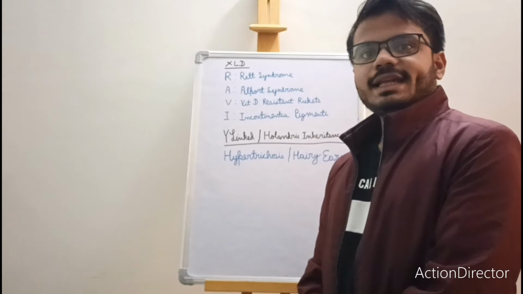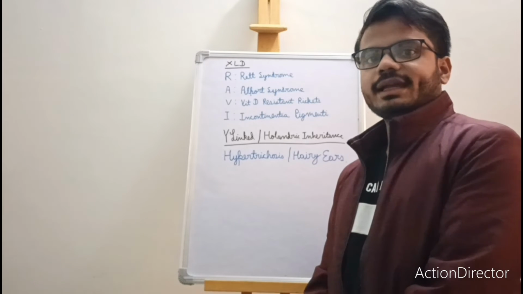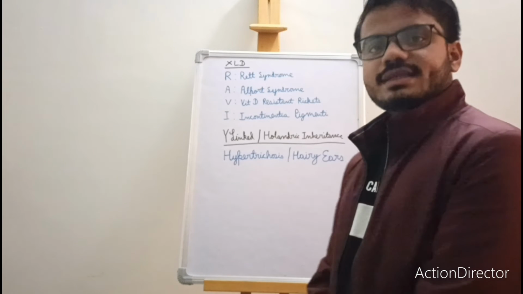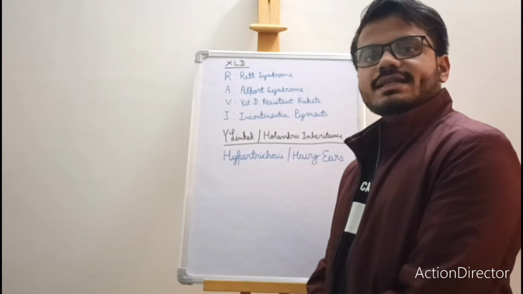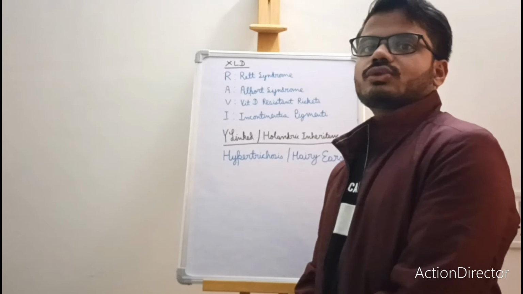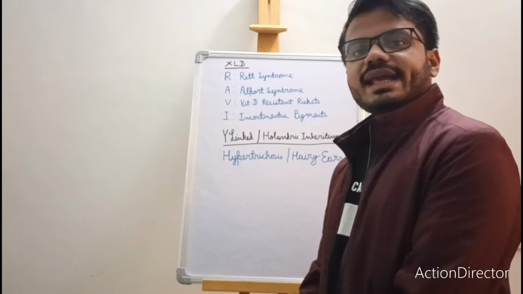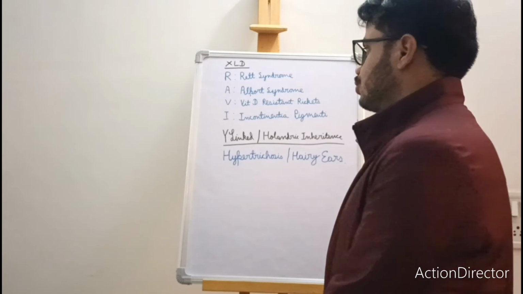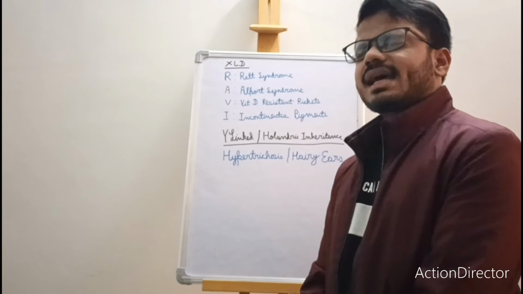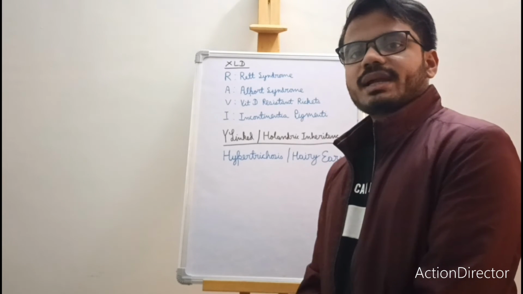So, finally coming to X-linked dominant inheritance and Y-linked or Holandric inheritance. It's pretty simple. The mnemonic for X-linked dominant is RAVI, right? So you can remember R stands for Rett syndrome, A stands for Alport syndrome, V stands for vitamin D resistant rickets, and I stands for incontinentia pigmenti.